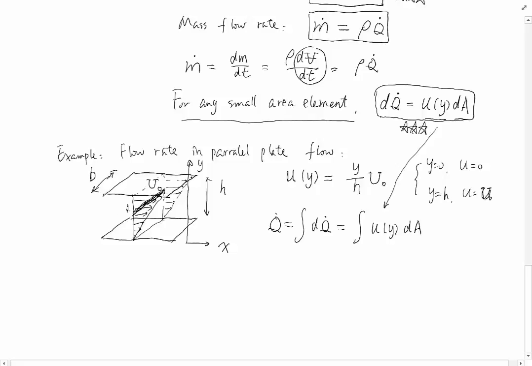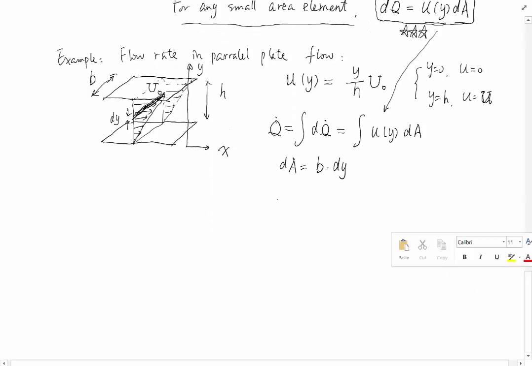So the length is dy, so the area will be the width times the height of this little stripe. Then we put everything together.